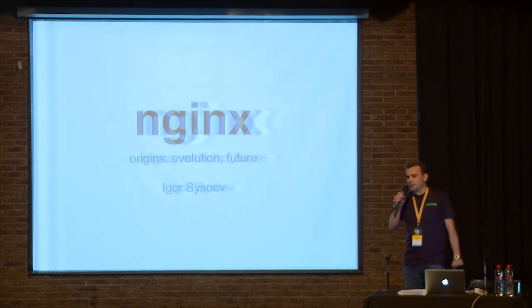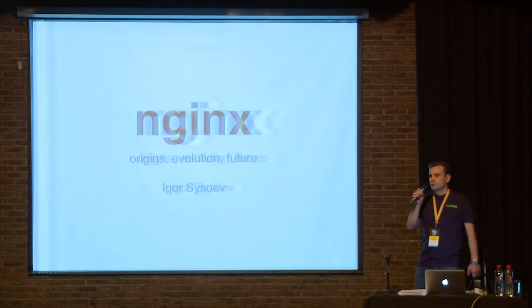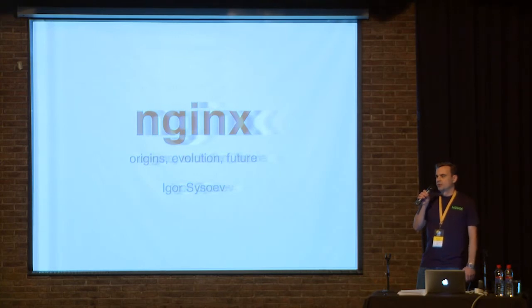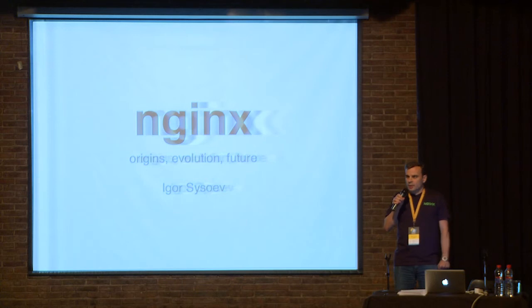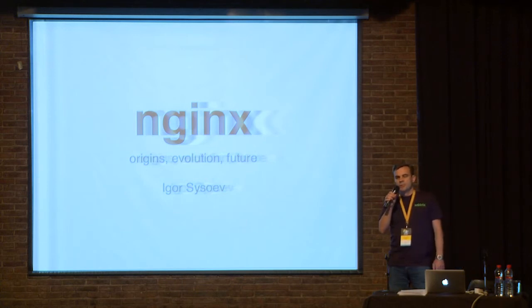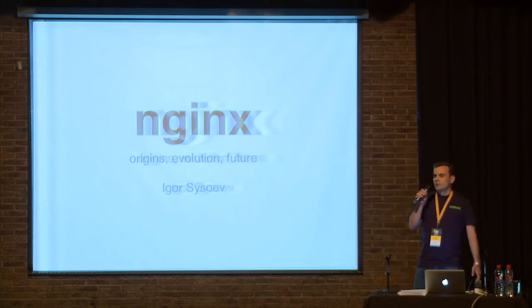Well, first of all, I would like to speak about NGINX origins because they determined NGINX advanced features and limitations. In Russia, apart from vodka, bears and balalaikas, there are a lot of web search engines. The first one was Rambler.